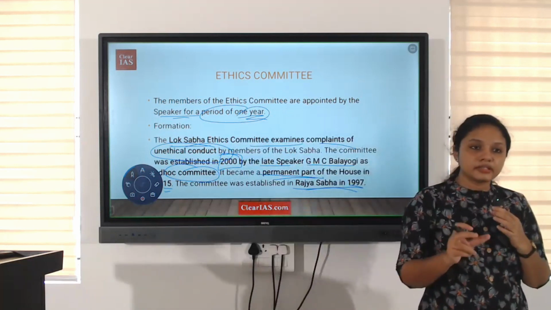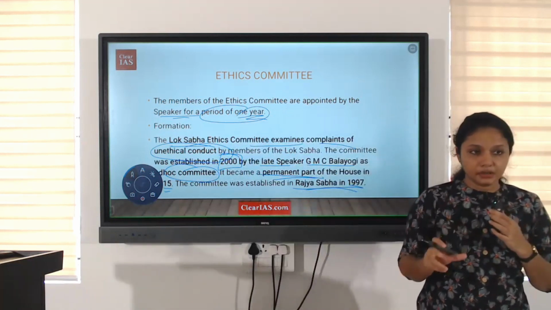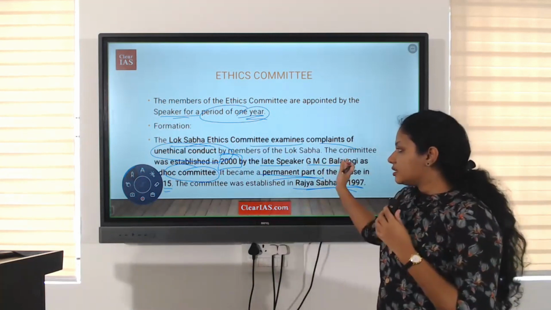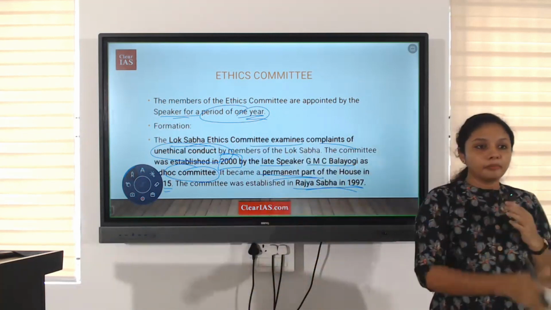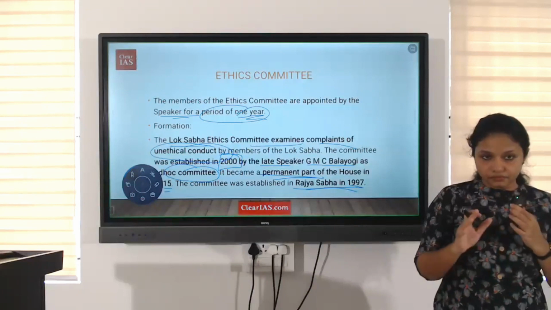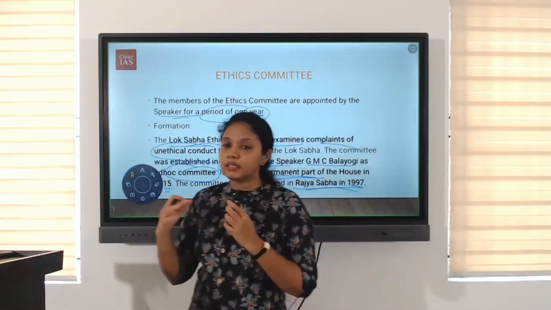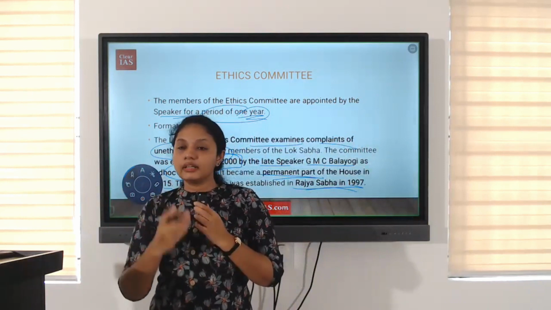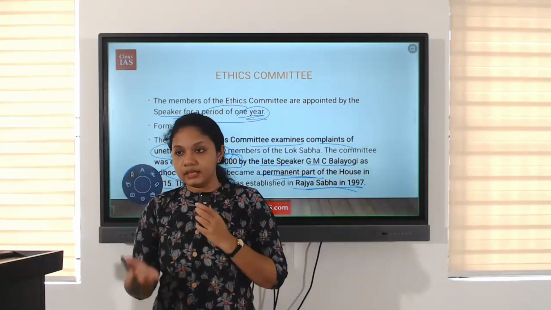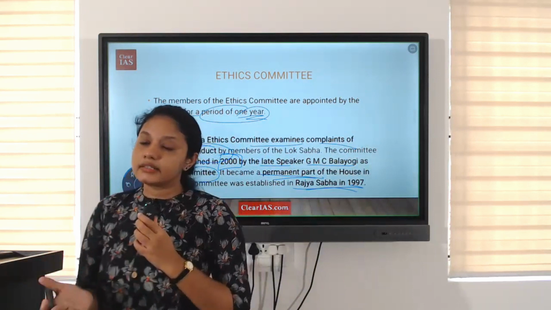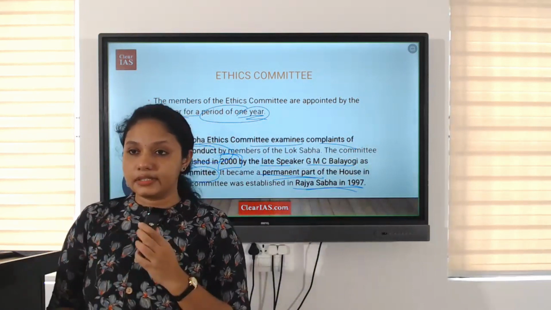Ad hoc committee means temporary committee. Then later in 2015, it became a permanent part of the parliament. This was regarding the Lok Sabha. Much before its introduction in Lok Sabha, this committee was present in the Rajya Sabha. In 1997 itself, it was present in Rajya Sabha.